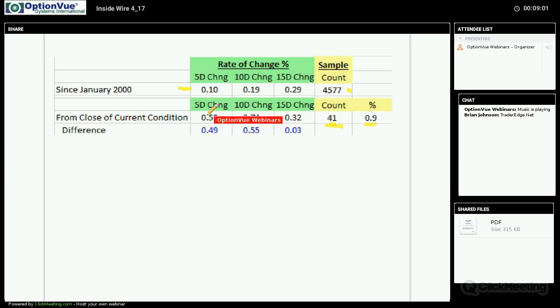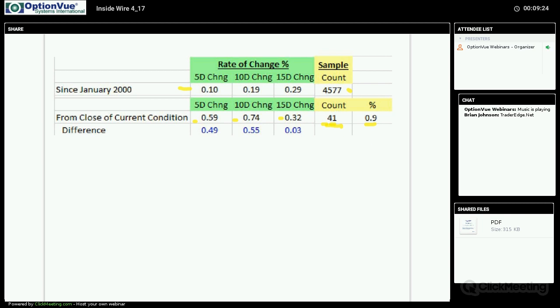What you'll find is that the average 5-day change among those 41 incidences was 0.59%, almost 0.6%.